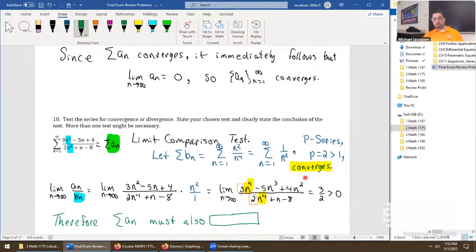Because we said converges, we'll just say it again. Must also converge. And just to tie those together, an arrow never hurts. So here's the arrow. If the limit comes out this way, the fates of both series have to be exactly the same as the thought with the limit comparison test.